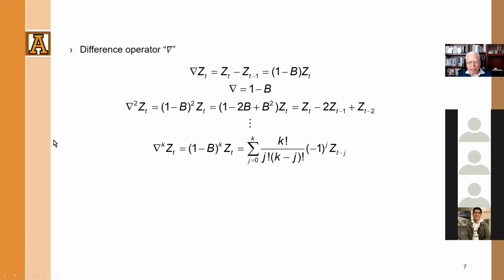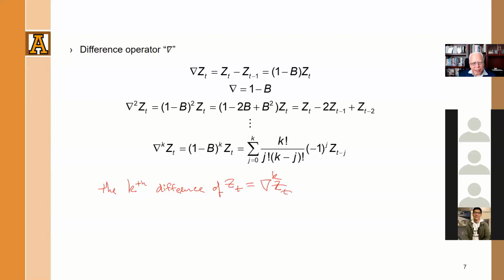And in general, you can use induction to show that the kth power of the difference operator, which we usually call the kth difference of Z_t, is the kth operator applied to Z_t.